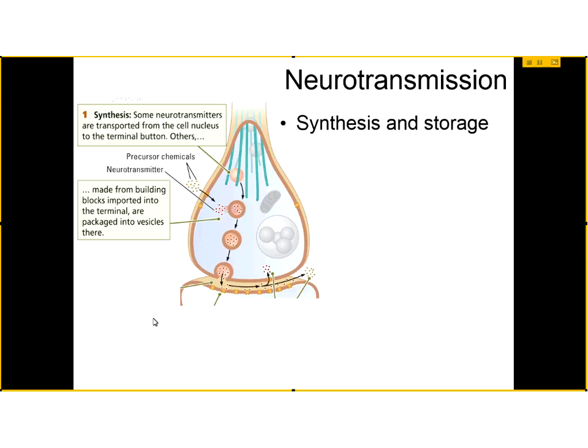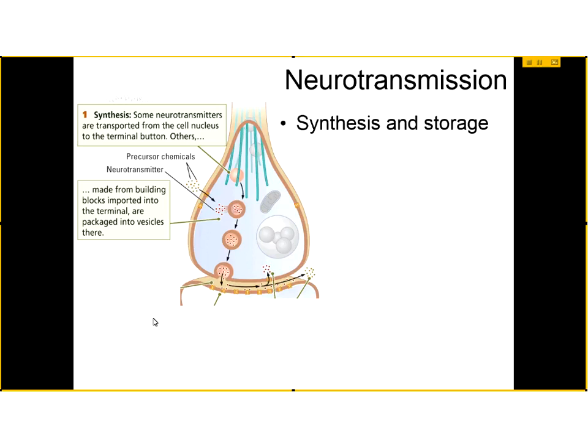So our first step in neurotransmission is synthesis and storage of the neurotransmitter. So either we have to activate the DNA, we talked about that, and from the activated DNA we have to then transcribe that into messenger RNA.